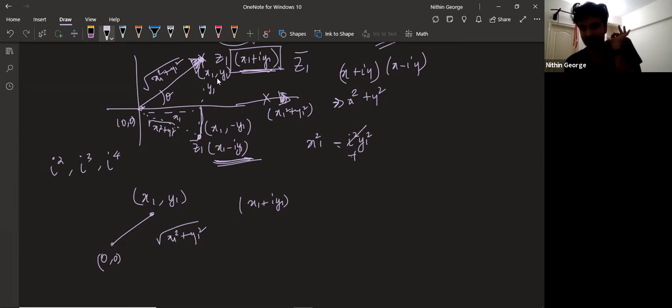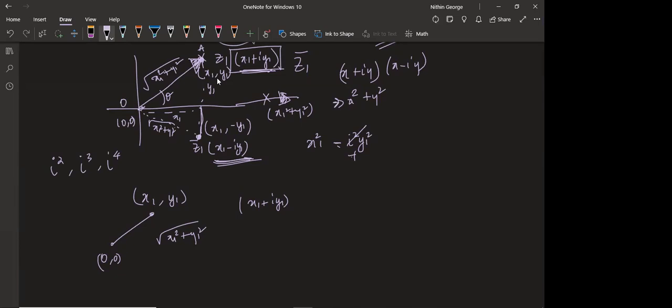It's a vector from O to A, which is represented as x1 plus i y1. You can look at it that way, or you can look at it as the point x1, y1. That is your choice. There's a reason why you can do this. But is this much clear?